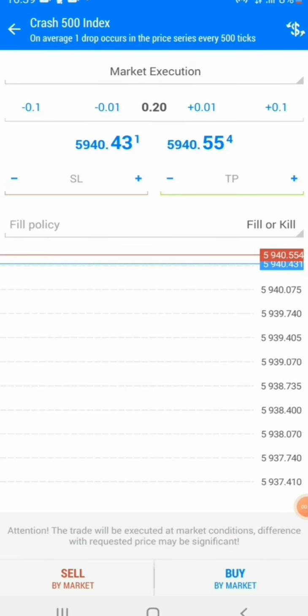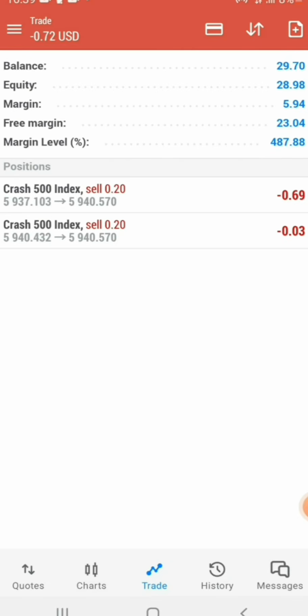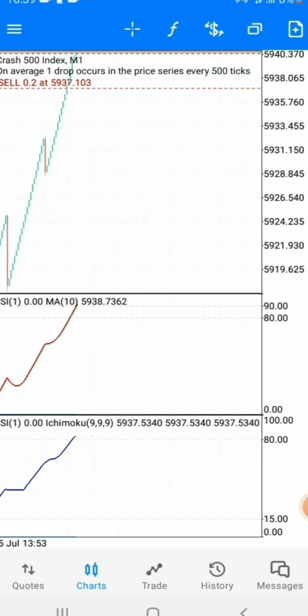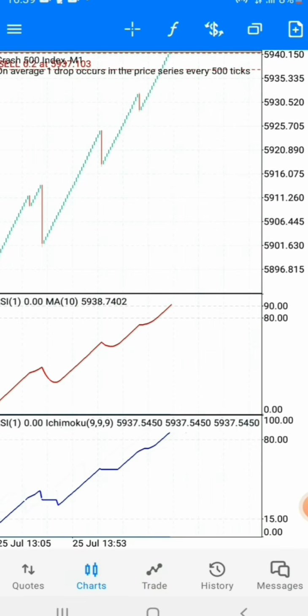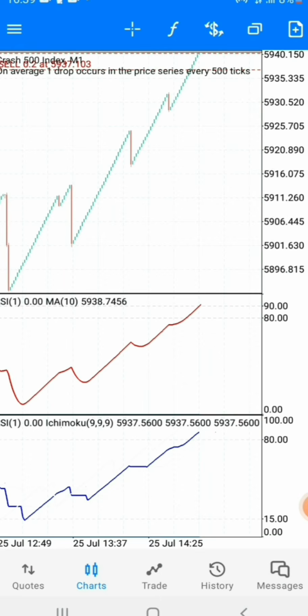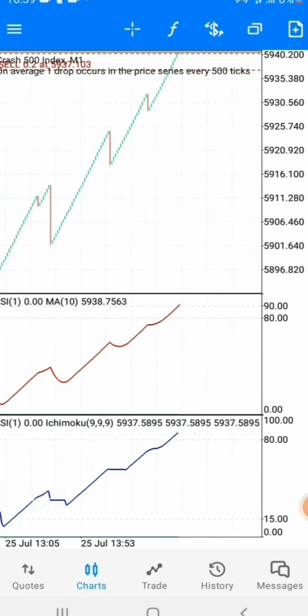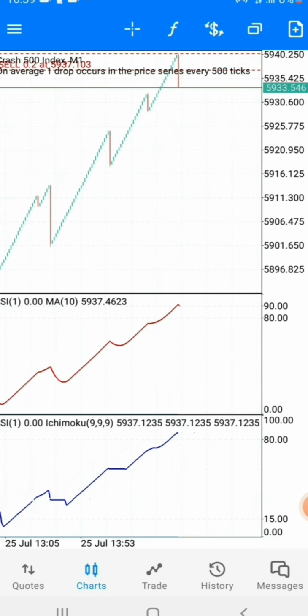Let me give you a very good example right now. Let me place this trade here. Let's wait for a spike.